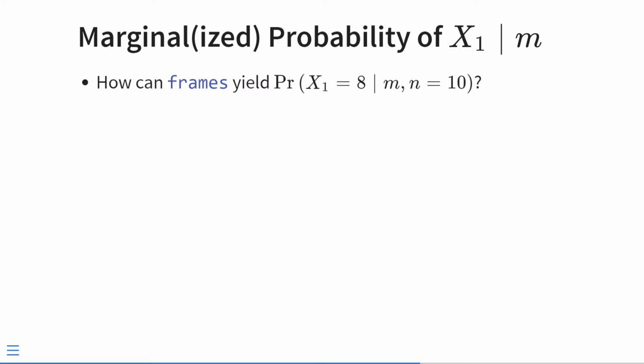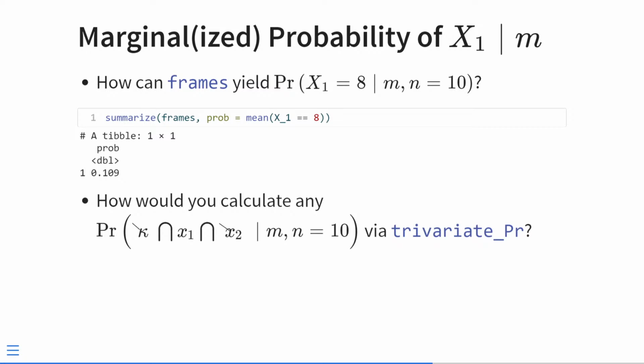Summarize frames, n equals 10, prob equals mean, parentheses, x1 equals 8. Actually you don't really have to do the n. It already assumed that there were 10 pins available to be knocked down on the first roll of a frame of bowling.